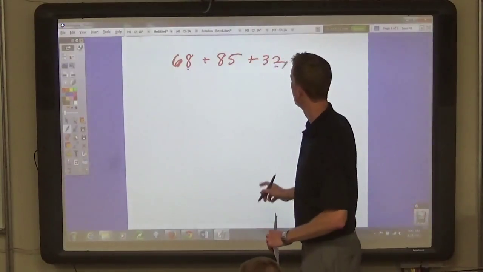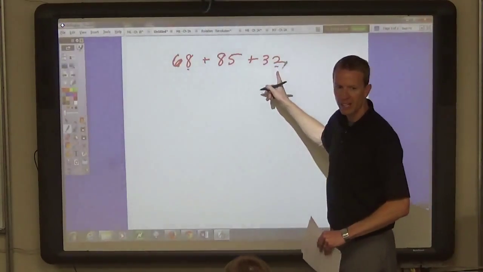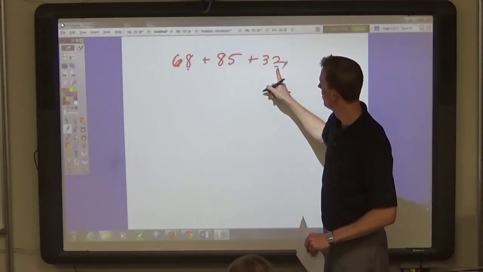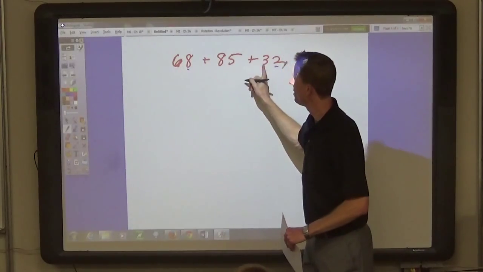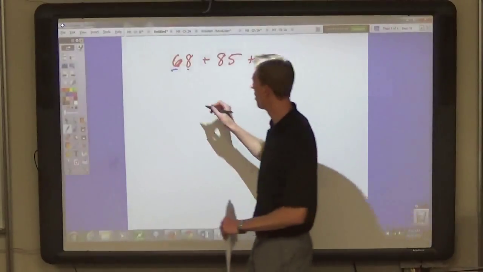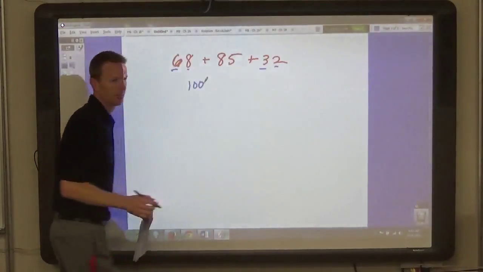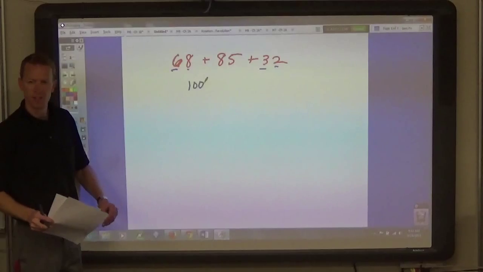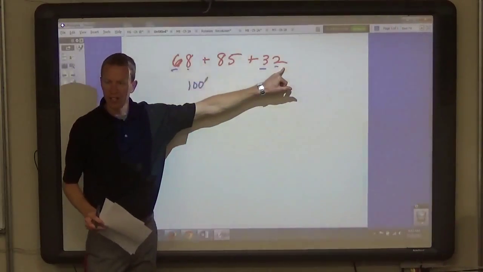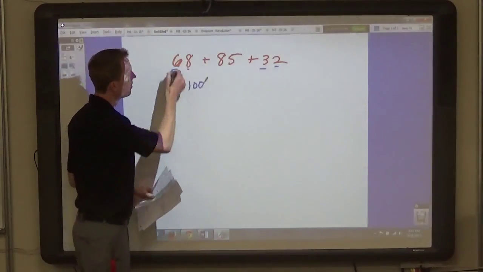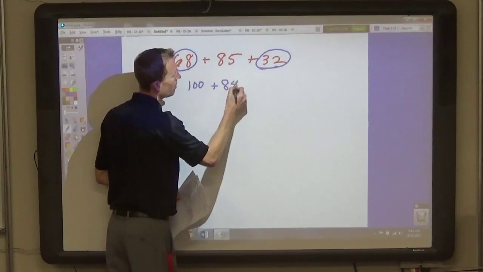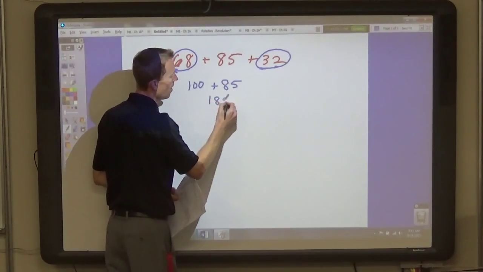These make a 10. So combine these, and that's 10 and 90, because 60 plus 30 is 90. 10 and 90 is 100. Or 68 plus 32 is 100. So circle those first. And then add 85, which equals 185.